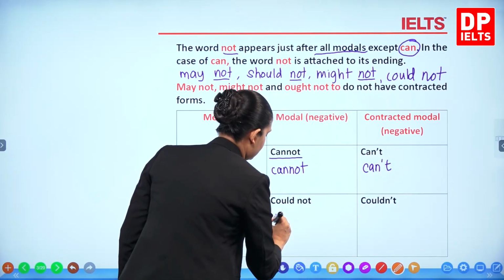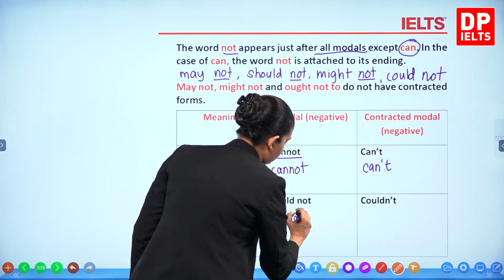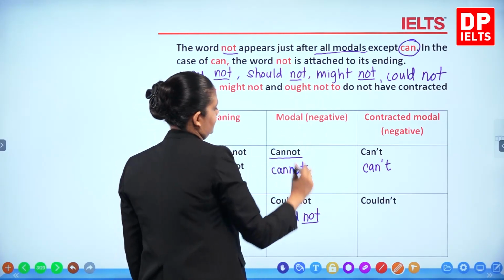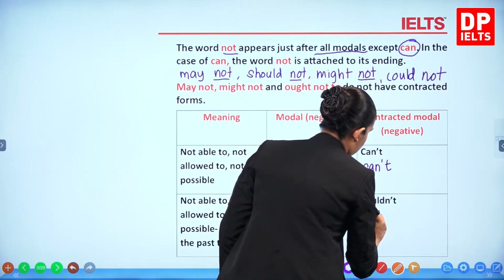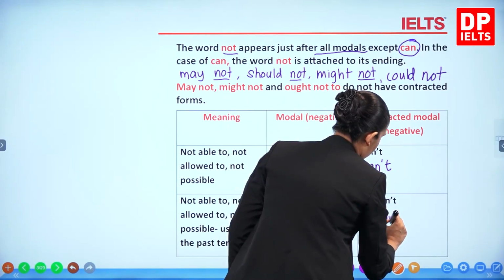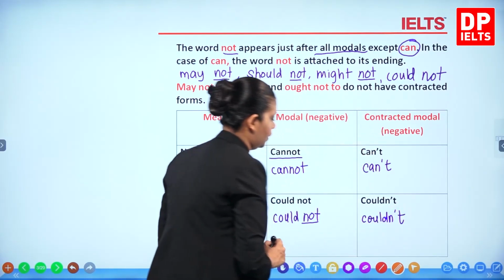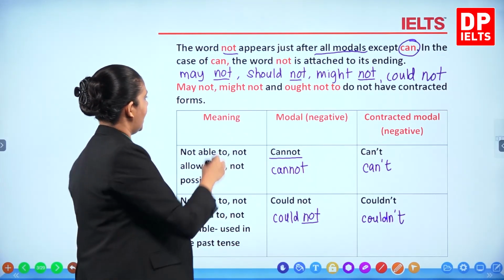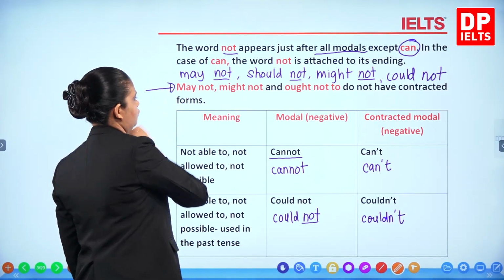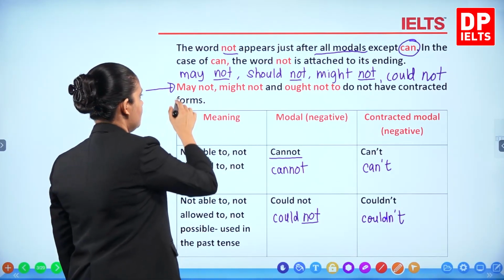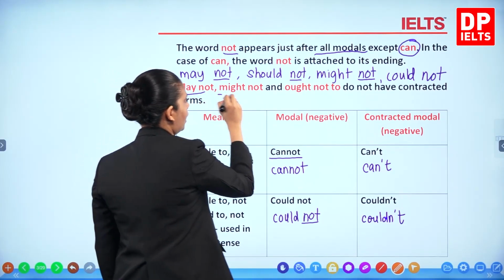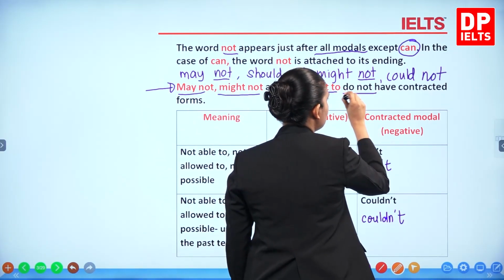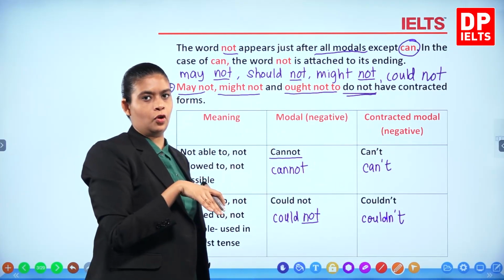Okay, same goes for could not, but can you see it's separated just like these, okay? And the contracted form is couldn't. What you need to remember is that these words in red, may not, might not, ought not to, do not have contracted forms, okay?